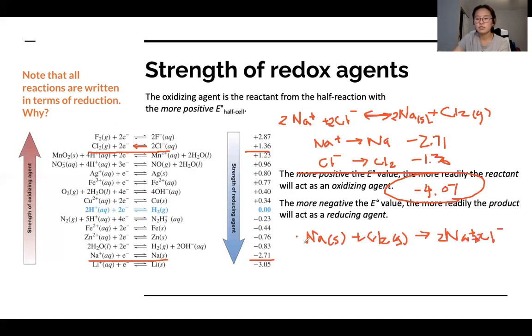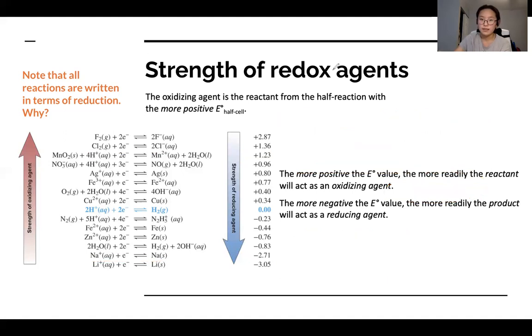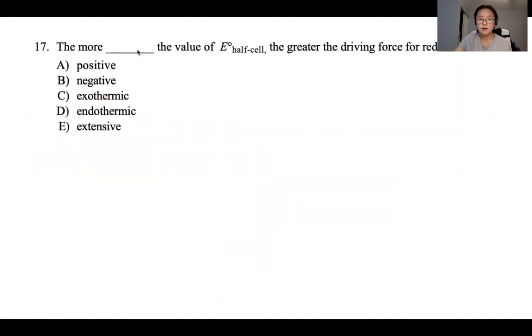I'm just putting twos to make sure that our reaction is balanced. And this would be actually just the opposite, 4.07 reaction potential, and these are all voltage. This is a very spontaneous reaction and is very likely to occur. Okay, with that being said, let's look at this problem.